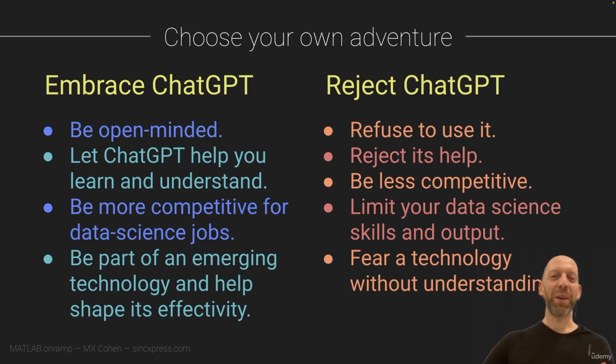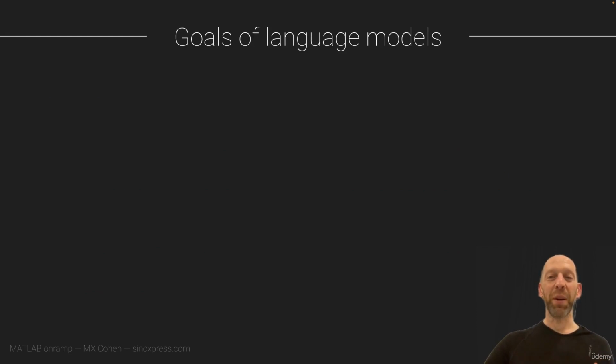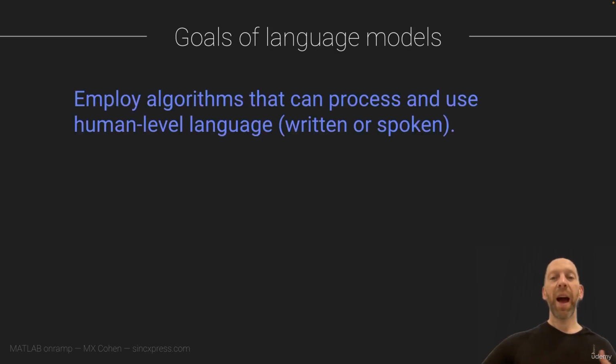Okay, so now I want to talk about large language models, which are sometimes abbreviated as LLM. And ChatGPT is currently the most popular example of a large language model. The general goal of language models is to have algorithms that can process and use human-level language.